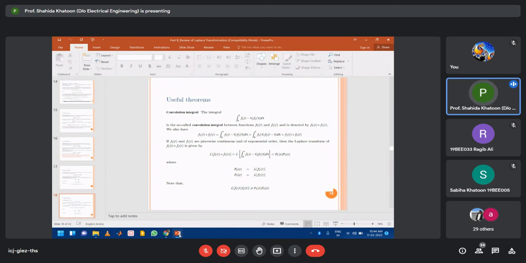You can also represent it as the integral from 0 to t of f1(tau) f2(t minus tau) d tau, in which case it will be called f2(t) star f1(t). So if f1(t) and f2(t) are piecewise continuous and of exponential order, then the Laplace transform of f1(t) star f2(t) is equal to the Laplace transform of the integral from 0 to t of f1(t minus tau) f2(tau) d tau, which equals F1(s) F2(s), where F1(s) is the Laplace transform of f1(t) and F2(s) is the Laplace transform of f2(t).